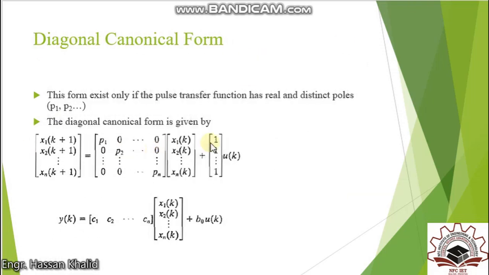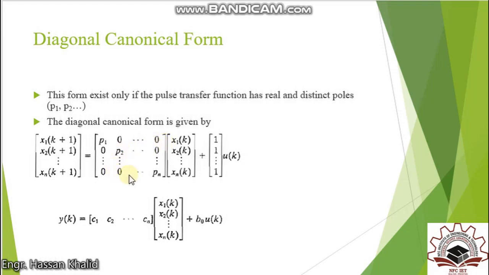Now comes the diagonal canonical form. If you have a characteristic equation obtained from the pulse transfer function and the roots are all real and distinct, then you can easily form the G matrix by placing those roots on the diagonal and keeping all the other entries as 0.